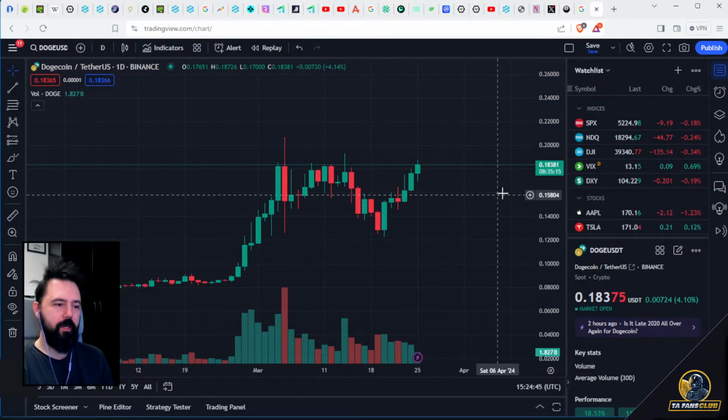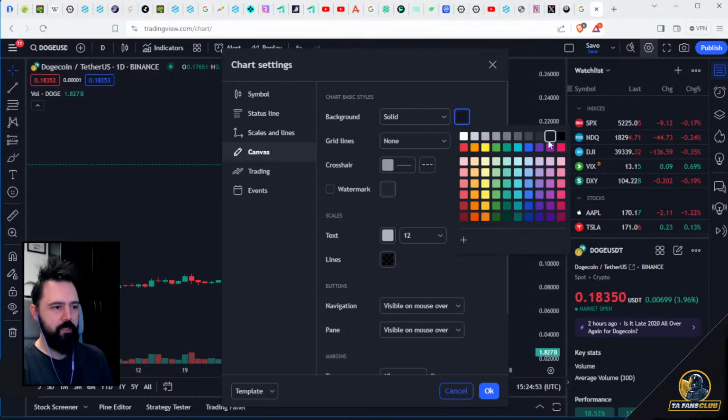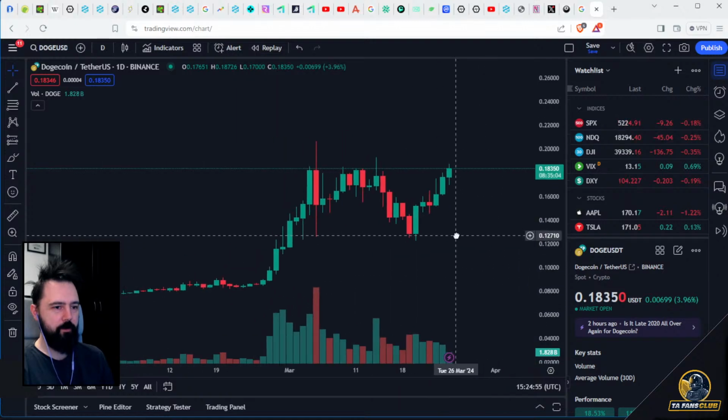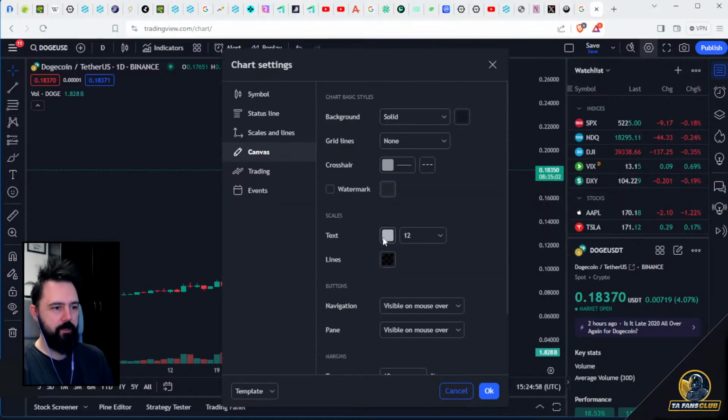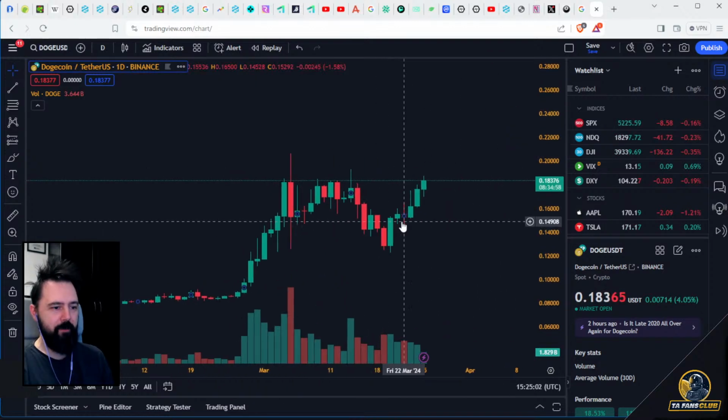Okay, and then you have to do this stuff again, right? Then you go to settings, then you go over here, none, you change this to not gray but a solid color. Change this to some kind of color like this. Okay, there we go. And settings, and go to text up here and change that to that, and bam, very nice.